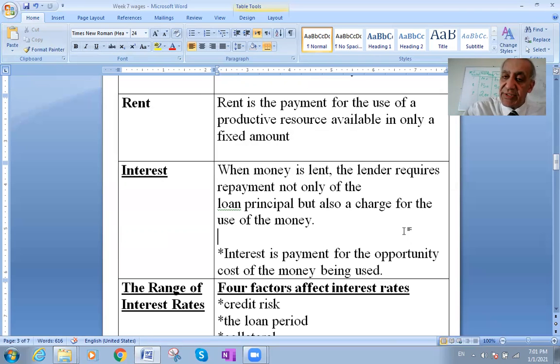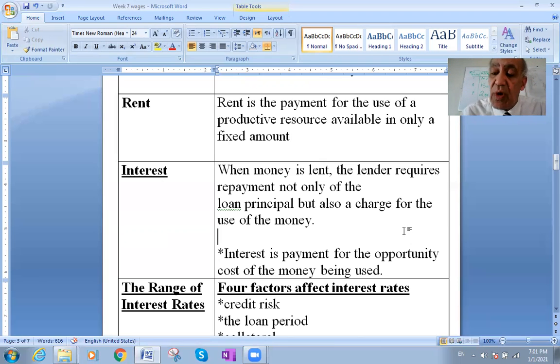I lend you $100, for example. You said after 1 year you will bring it back, but you will not bring the $100 as you took it. You will bring $110. So there is 10% interest annually. Because of what? Because of the opportunity cost. Because I gave you this money, I sacrificed my happiness, I sacrificed spending it on my fantasies.